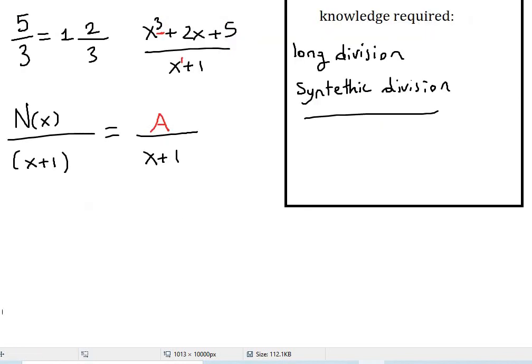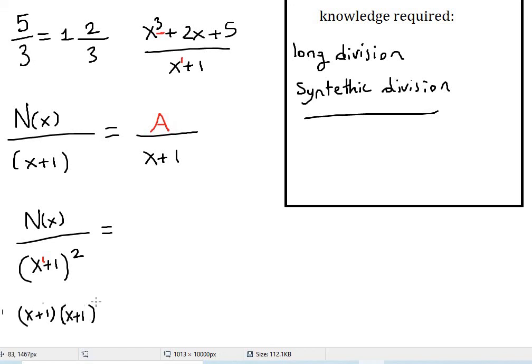If we have some numerator over x plus 1 to the second power, this is still a linear factor because x plus 1, x to the first, is linear, but it is repeating: x plus 1 squared is x plus 1 times x plus 1, which is a repeating linear factor.